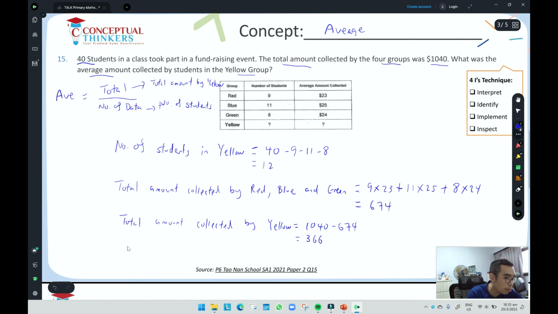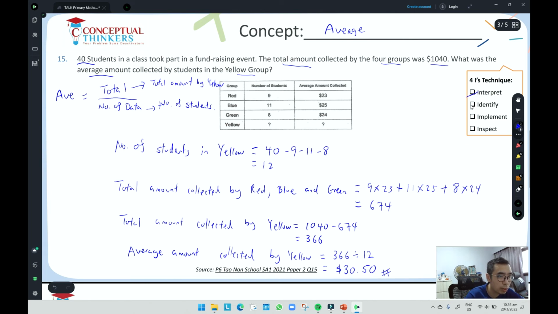Okay, so now let's calculate the average amount collected by yellow. We just take the total 366 divided by the number of students, or the number of data here, 12. So we will get $30.50. So this will be the final answer.